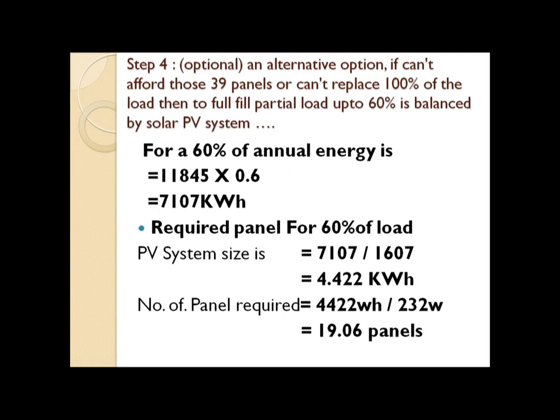Here, 100% of the load can be converted to solar panels. It is a little bit complicated for economic reasons, easy maintenance, and battery cost. Why this kind of problem? Because you are converting 100% purely to solar panels. First, the number of panels increases, so the cost also increases.